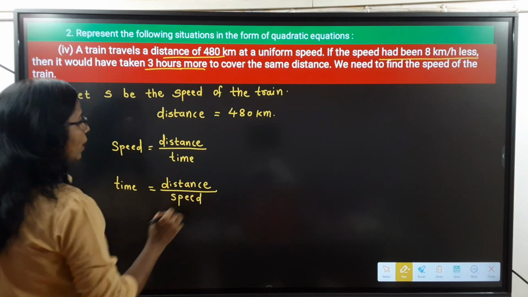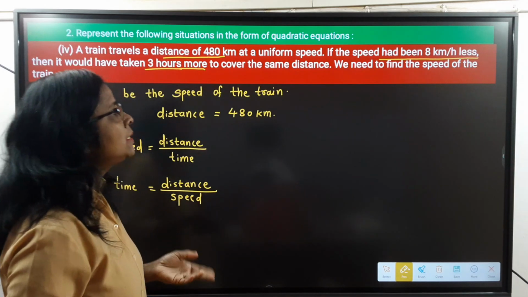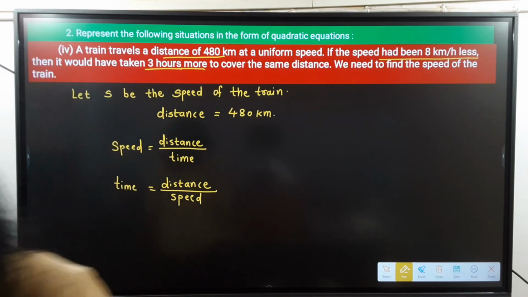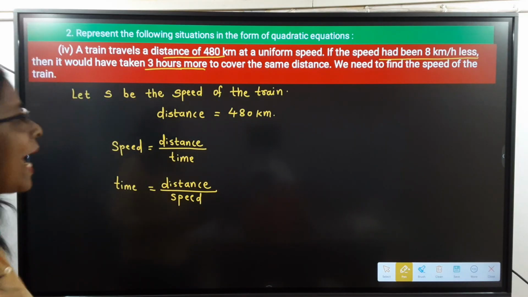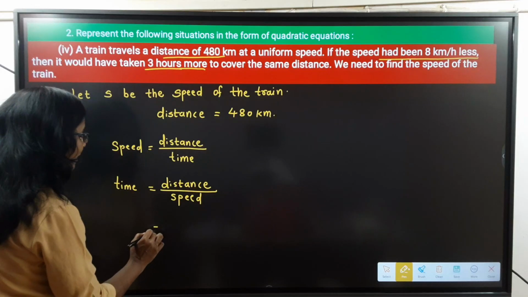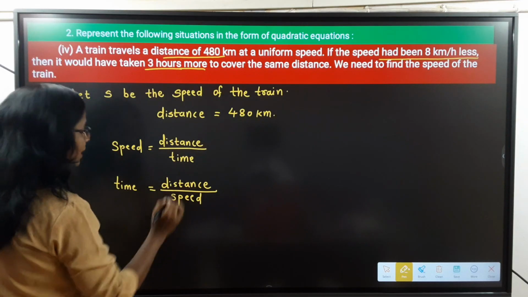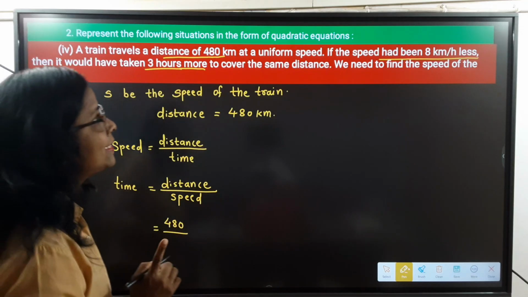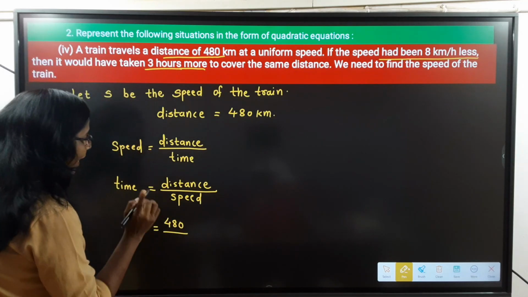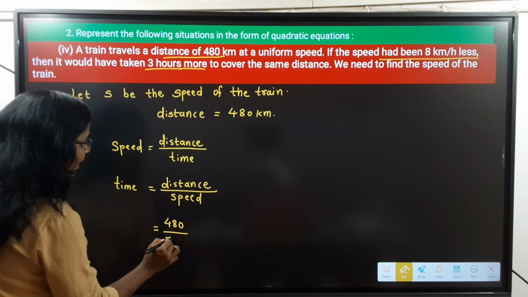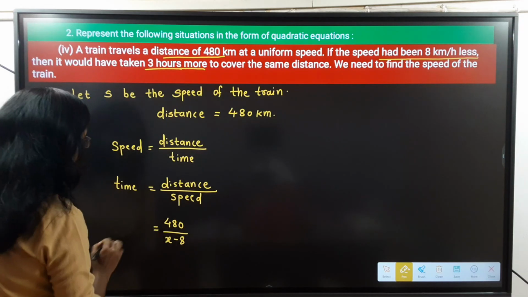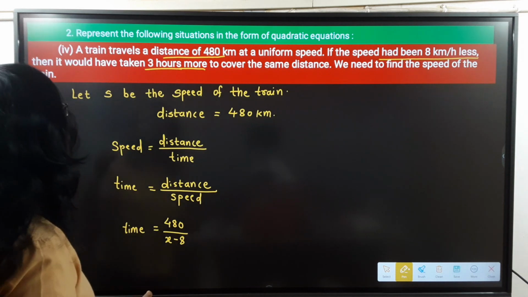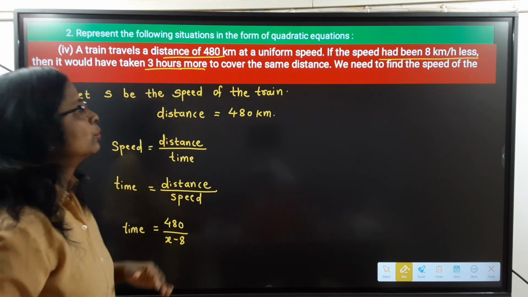So the condition applied is speed had been 8 kilometer less. That means students, we write down distance, that is given as 480, and the speed is less than 8 kilometer, so it will be x minus 8. So that will be the time. Then it would have taken 3 hours more.